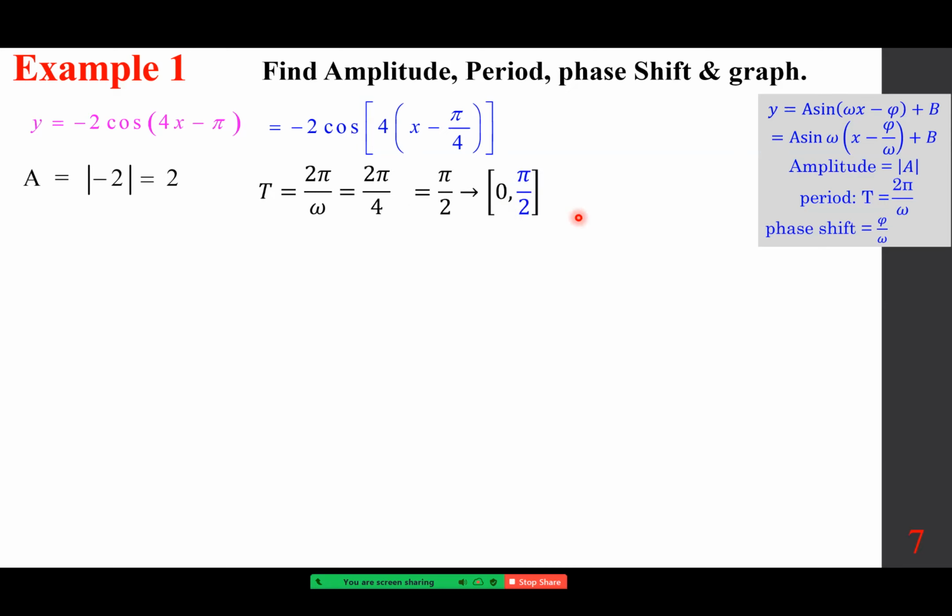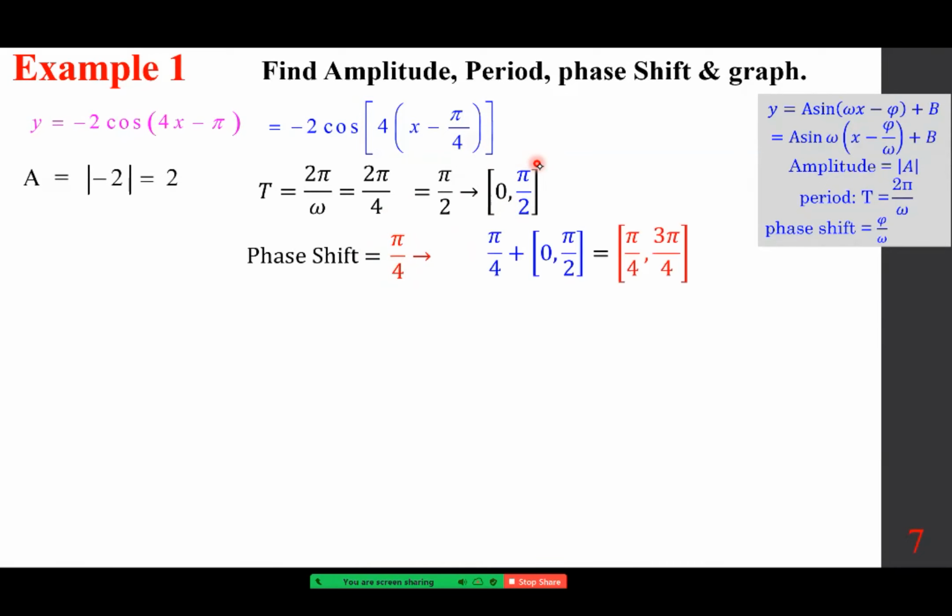Therefore, 0 to pi over 2 would be a complete cycle if there was no phase shift. However, when we look at this, the phase shift is positive pi over 4. So this moves by positive pi over 4, meaning this moves this much to the right. So we're going to add this to this. And so the first one becomes pi over 4, and this one and this one add up to 3 pi over 4.